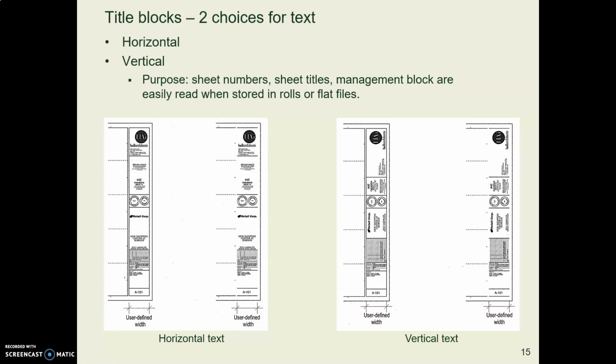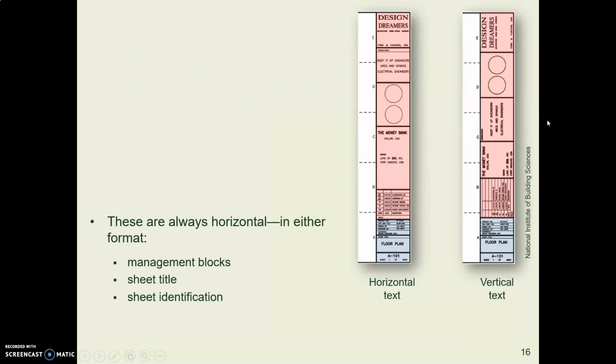The title block has to go along the vertical right edge of the paper, but you are allowed to make the text horizontal if you like, or vertical if you like, and different offices do it different ways. You'll just have to see what your employer wants.